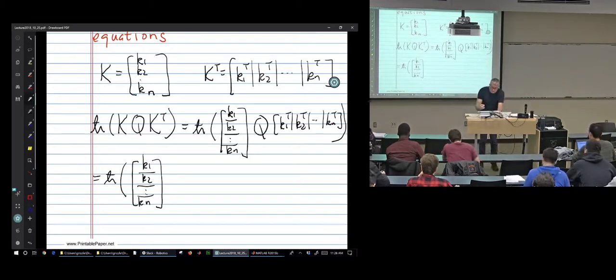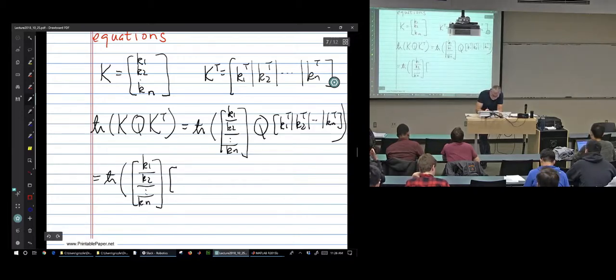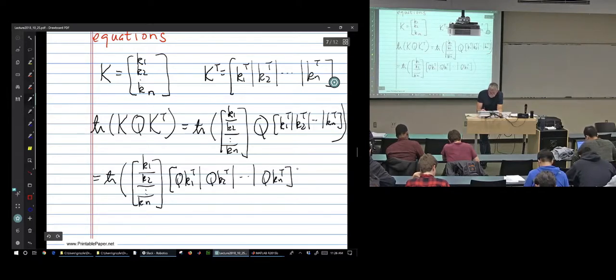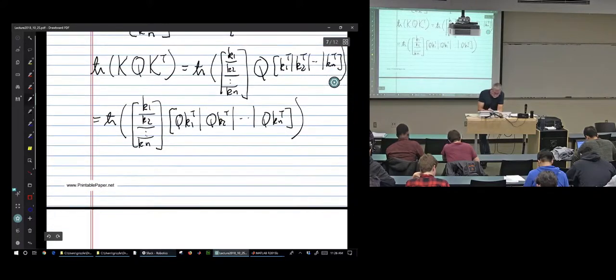It's not that it's hard, but you guys didn't know that stuff very well when you came in here, but now it's like second nature, which is cool. Q times K1 transpose, Q times K2 transpose, Q times Kn transpose, okay?